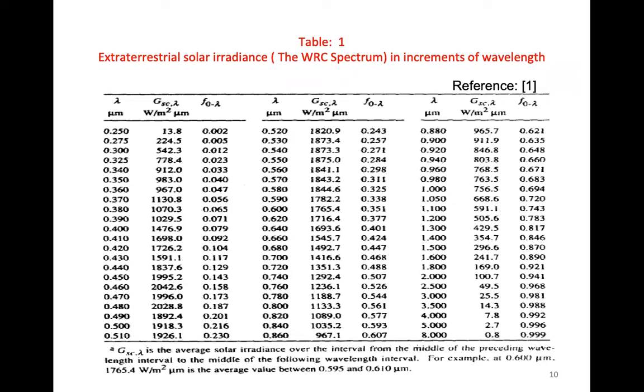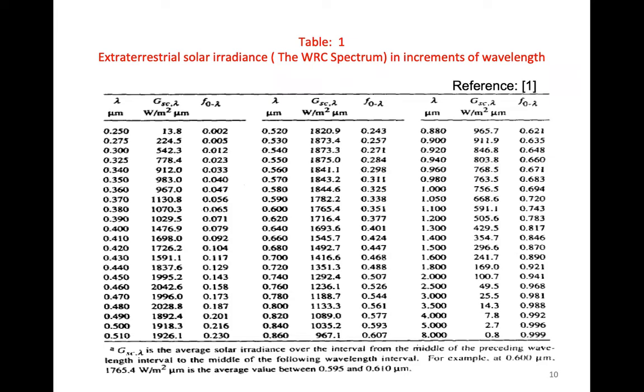Table 1 provides the same information in the numerical form that was provided in the previous figure of World Radiation Center spectrum. Here, G is the energy in watt per meter square micrometer over small bandwidths centered at wavelengths lambda and is shown in the second column.